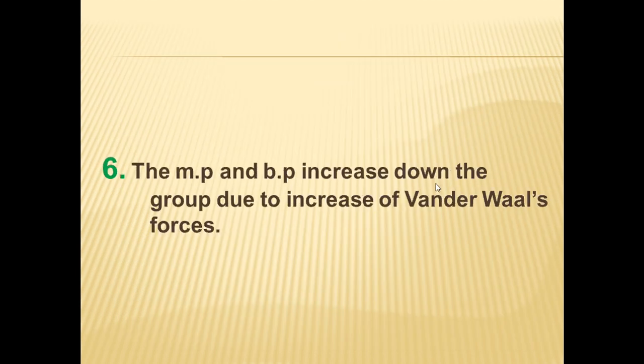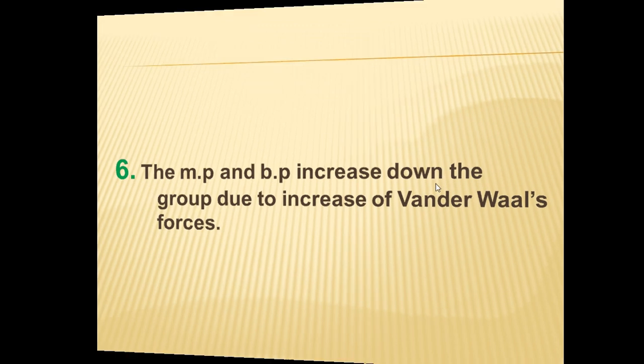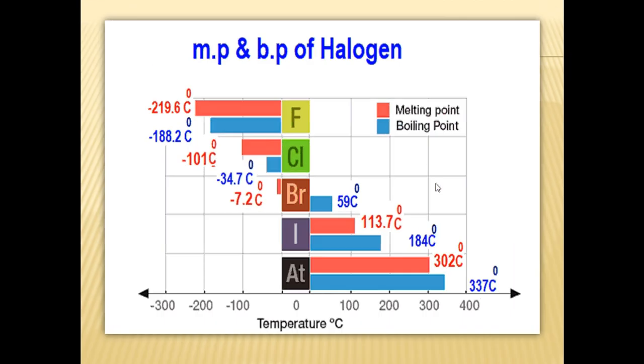The melting point and boiling point of halogen increase down the group due to increase of van der Waals forces. In this slide, the melting point and boiling point of halogen are shown. The red color shows the melting point of halogen and the blue color shows the boiling point.